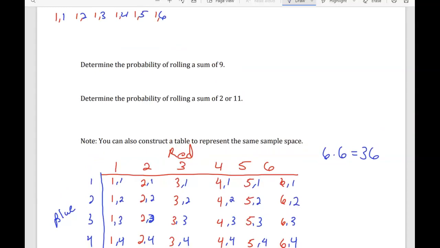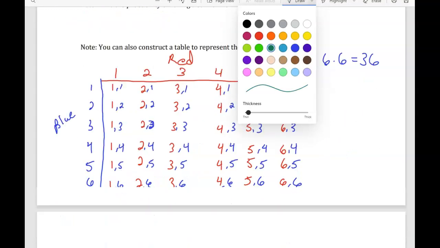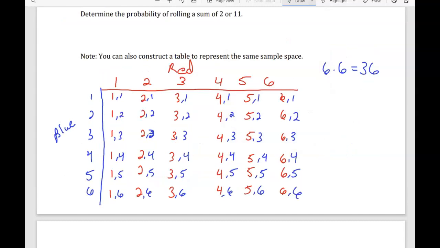Now, when we determine the probability of the sum of 9, I want the sum of 9. Numbers that add up to 9: this adds up to 7, 8, 9. So this adds up to 9. This only adds up to 8. You will notice on the diagonals here, those add up to the exact same values. This long diagonal will add up to 7.